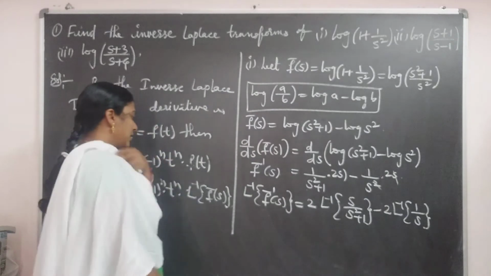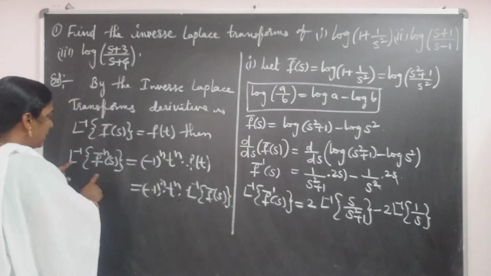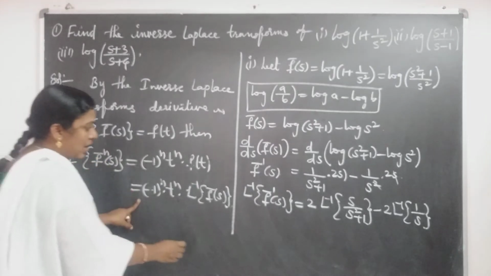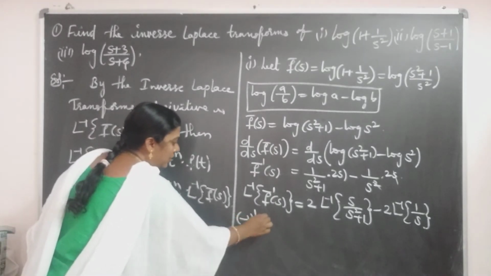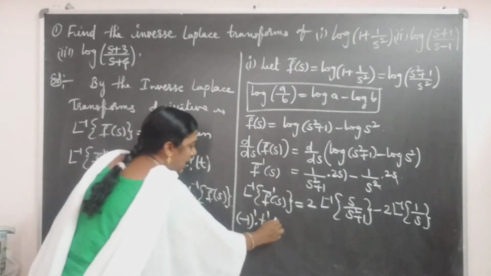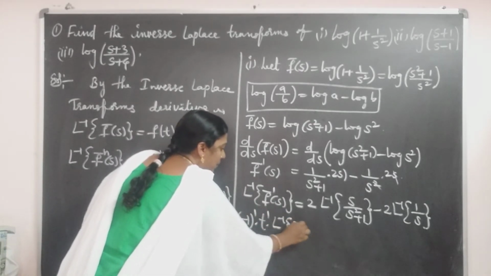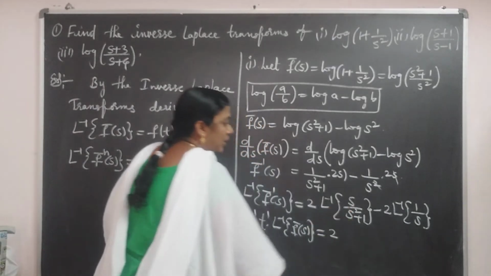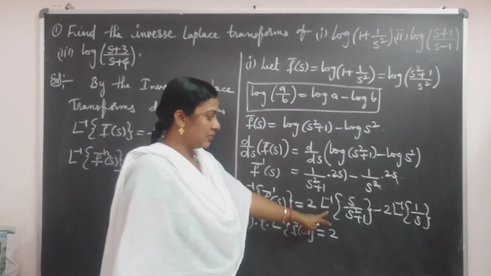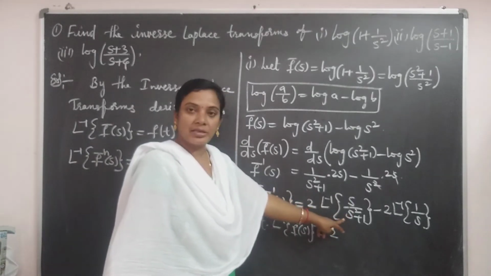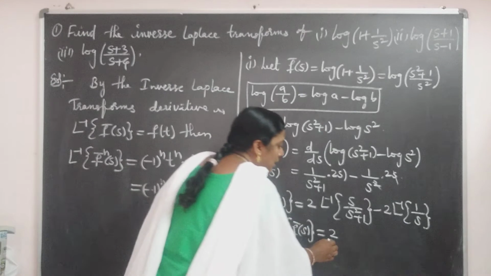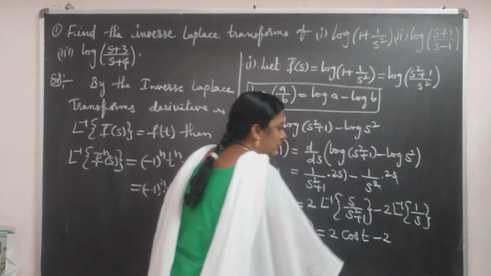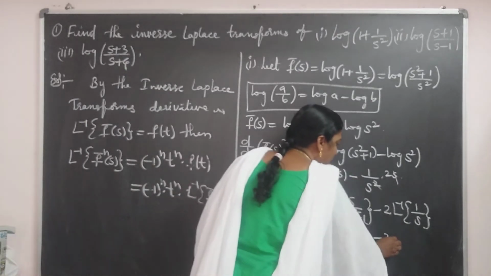Okay, here substitute L inverse of f bar dash of s equal to minus 1 whole power 1 t power 1 L inverse of f bar of s, that is equal to 2. We know the inverse Laplace transform properties: s by s square plus 1 is equal to cos t. This is cos t minus 2 L inverse of 1 by s, which equals 1.